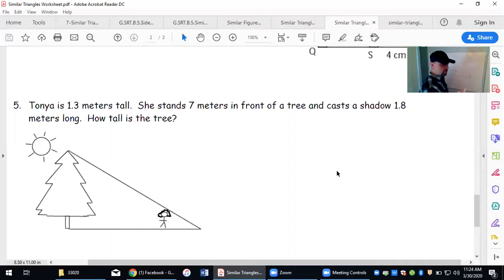All right, so she is 1.3 meters tall. She stands 7 meters in front of a tree.